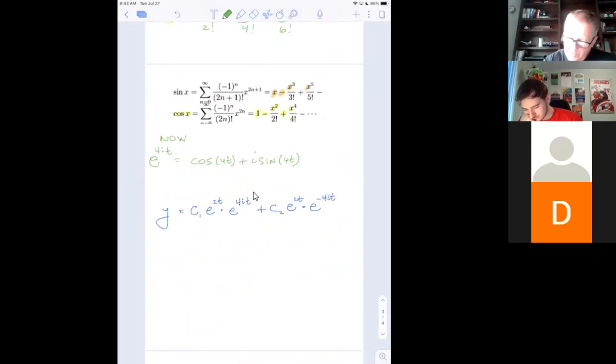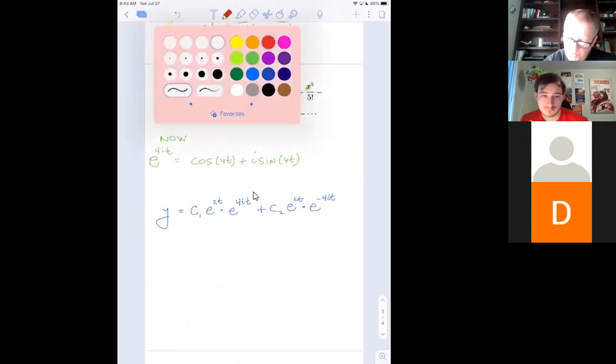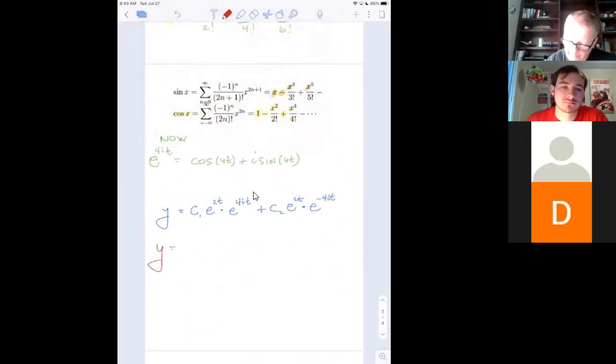So then could we not say, my friends, that y is equal to c1e to the 2t, except it is multiplied not by e to the 4it, but by cosine of 4t plus i times the sine of 4t, right? And that's effectively just, well, this answer, isn't it?